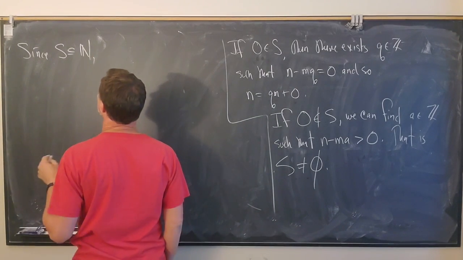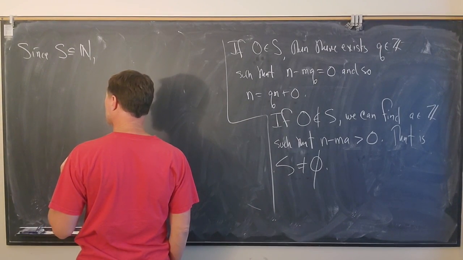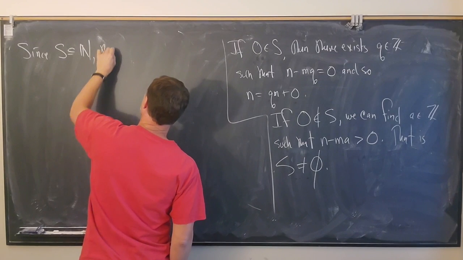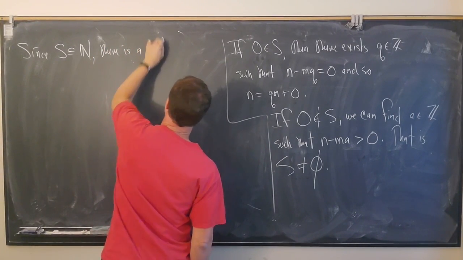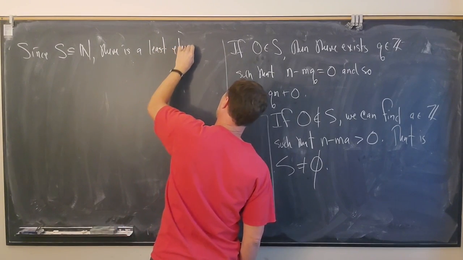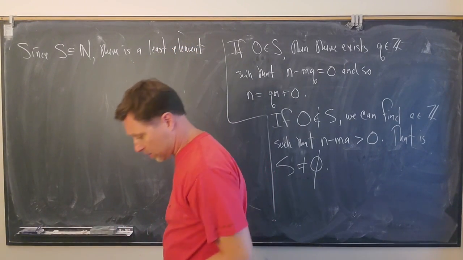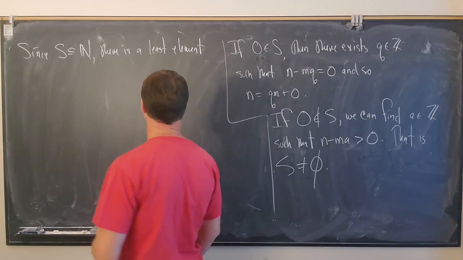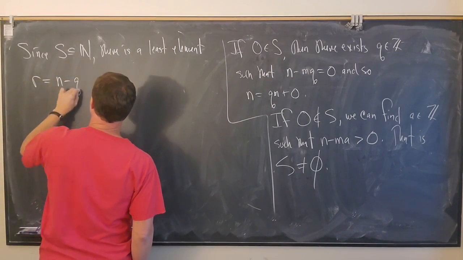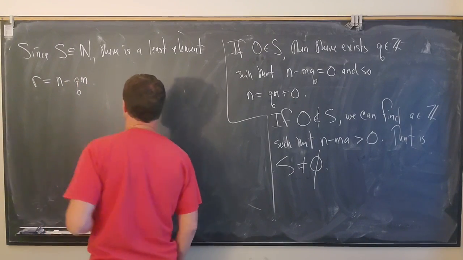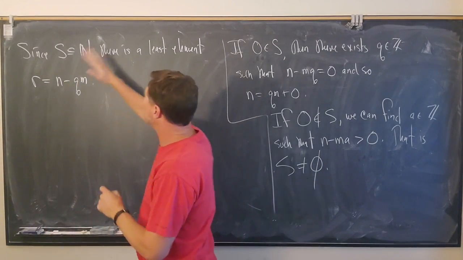So since S is a subset of the natural numbers, there is a least element, and I'm going to call that, what's a good choice? How about r? And that's going to be n minus qm. So in S, there is a least element.